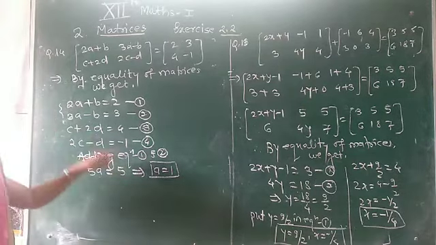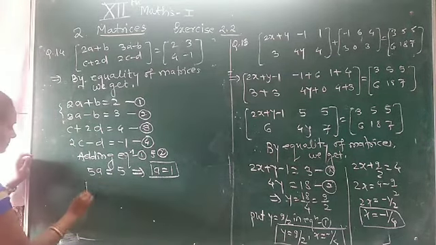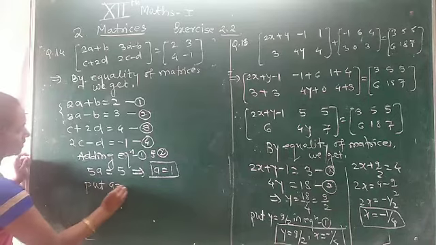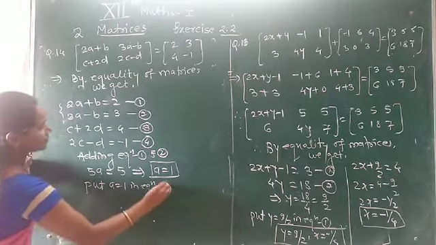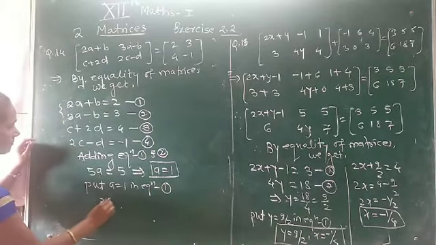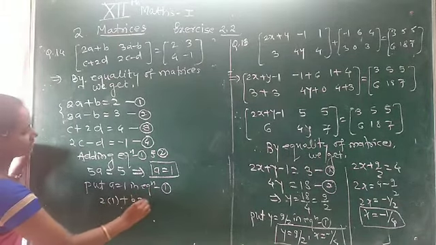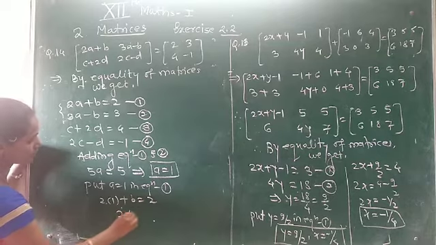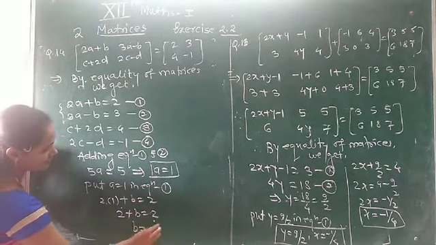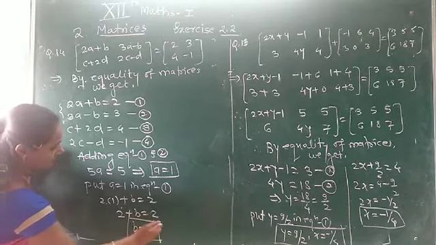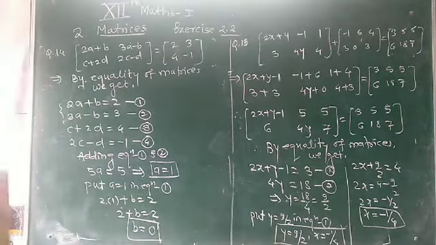Now put the value of a in equation 1. Put a is equal to 1 in equation 1. So we get 2 into 1 plus b is equal to 2. So 2 into 1 is 2, 2 plus b is 2. Therefore b is equal to 2 minus 2, hence it is 0. Therefore the value of b is equal to 0.